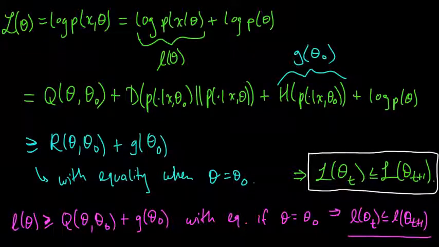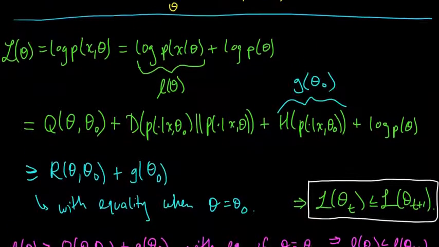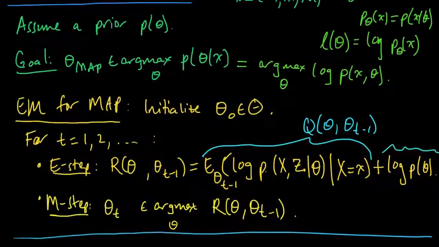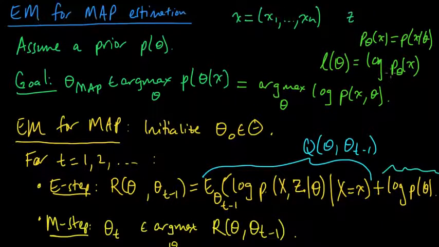However, this doesn't guarantee that we're going to get a global maximizer. This alone doesn't even guarantee that we're going to hit a local max. But it's at least nice to have this property that it's non-decreasing, and therefore the posterior probability is also non-decreasing as we get our sequence of thetas.